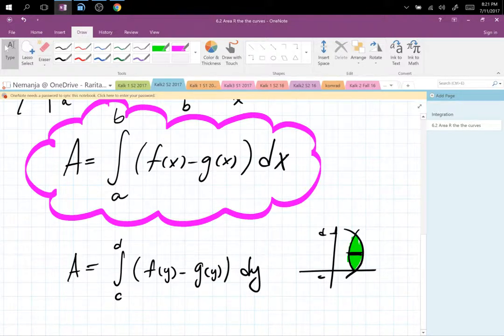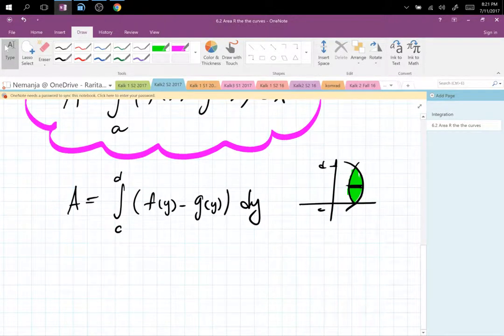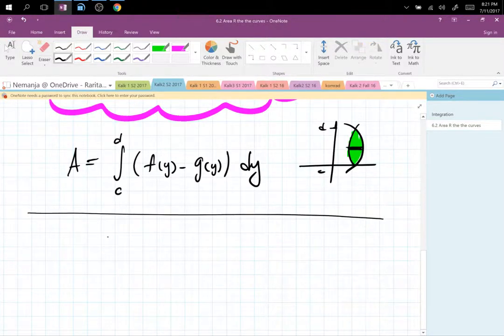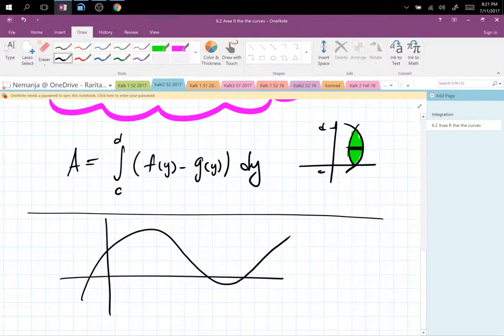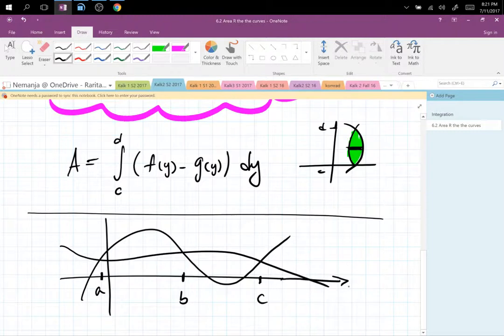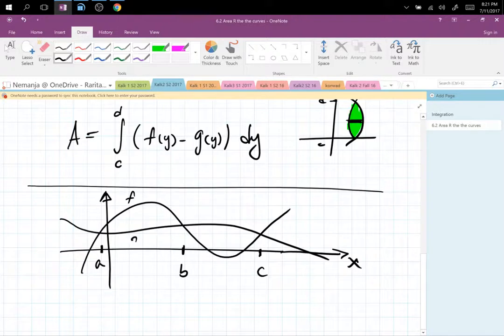And the only thing that you have to worry about is if these functions start intersecting. Because if you have a situation like this, where one function does this and the other function does that, A to B to C, there I say clearly f and g and g and f, we must have two integrals for those.